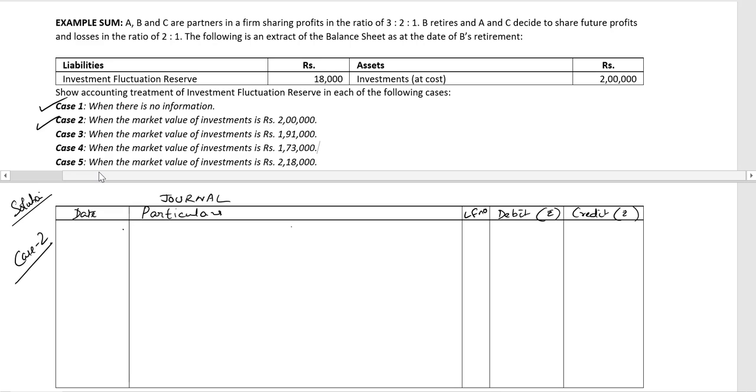So in case 2 also, there is no change in the market value of investments. It remains as rupees 2 lakh itself. The entire investment fluctuation reserve, 18,000, is free and can be distributed between all the partners in their OPSR 3:2:1. So the answer is the same as case 1.